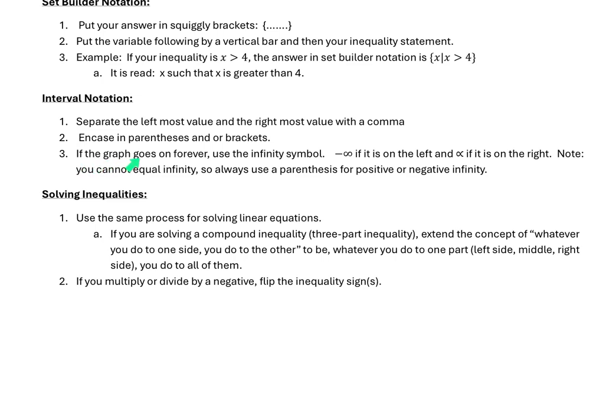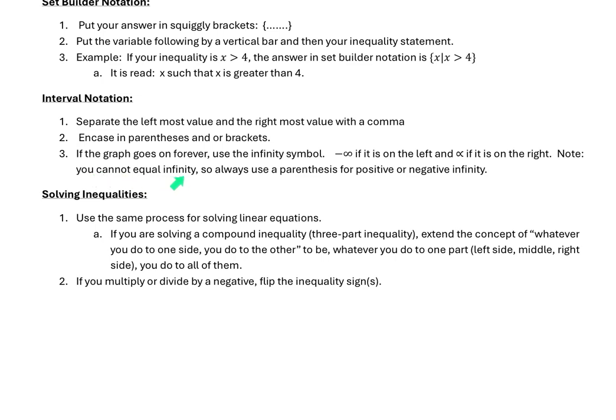If the graph goes on forever, we use the infinity symbol. And so remember that if we're on the left side or if we're on the negative side of our number line, we have negative infinity. And if it's going forever to the right, or if we're on the positive side, we use positive infinity.